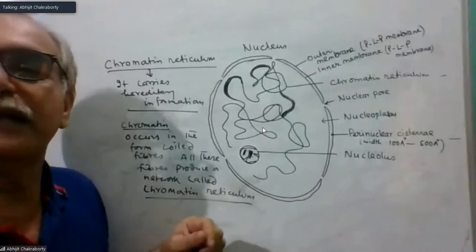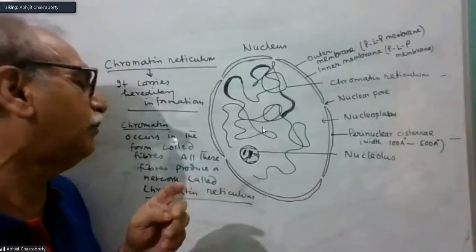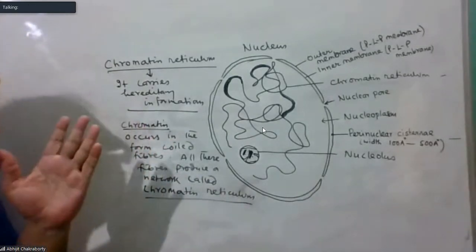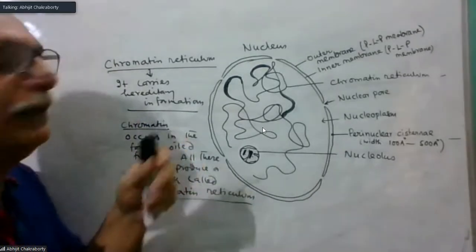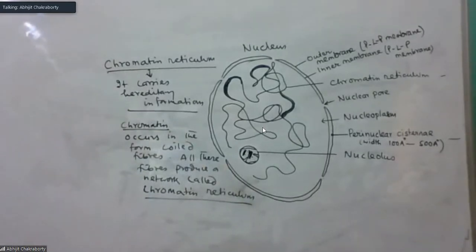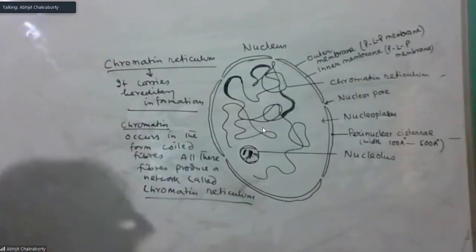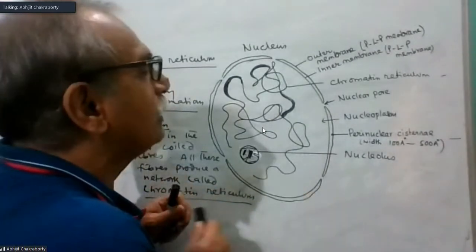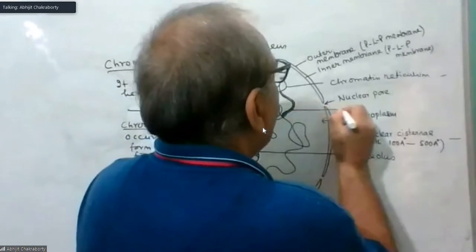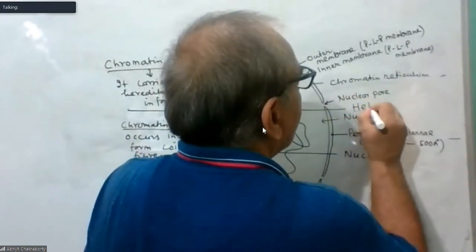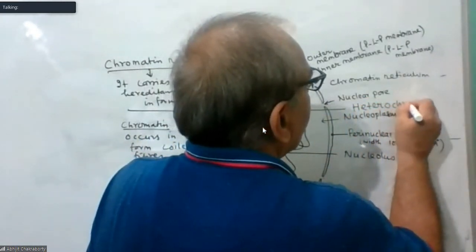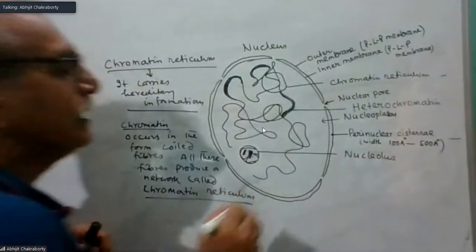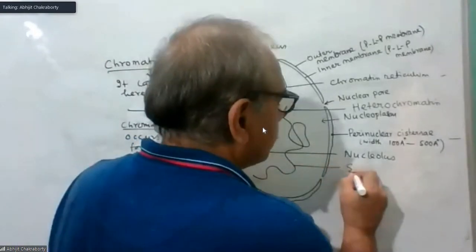Now, if it is stained, two specific differentiated regions are found. One region is found to be darkly stained, and it is called heterochromatin. The other is found lightly stained, called euchromatin.